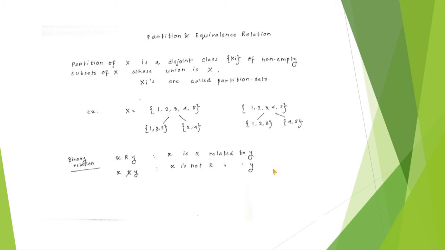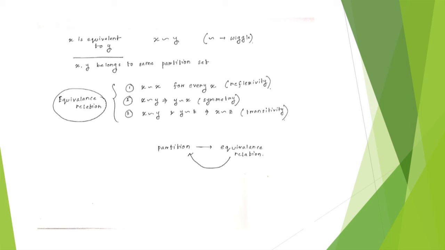Now, we assume that a partition of our non-empty set X is given, and we associate with this partition a relation in X. This relation is defined in the following way.